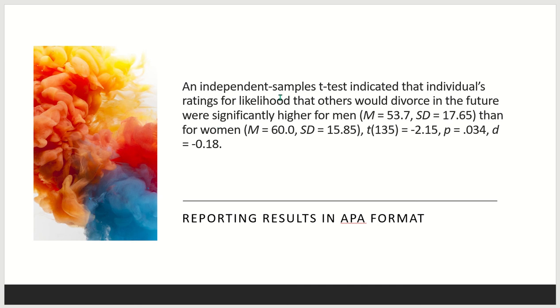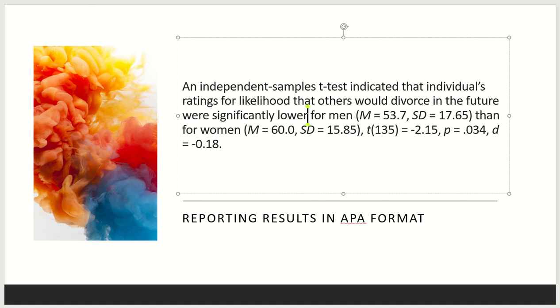But for us, we are testing their likelihood that others would divorce. So we have an independent samples t-test indicated that individuals' ratings for likelihood that others would divorce in the future were significantly lower for men than for women.